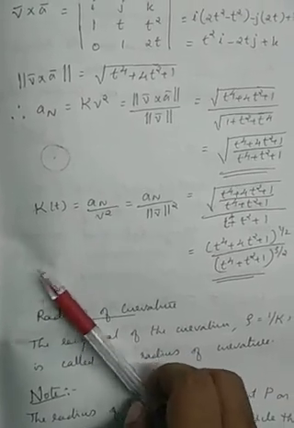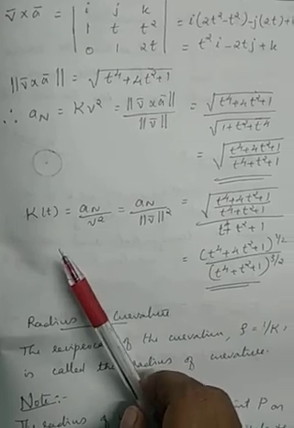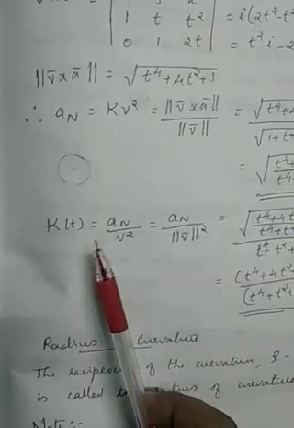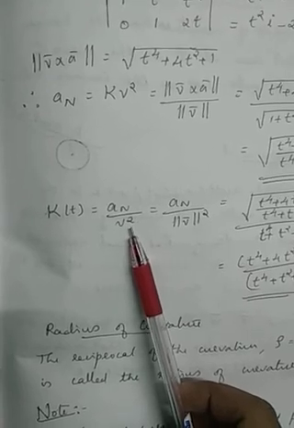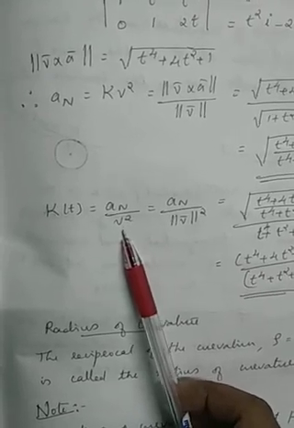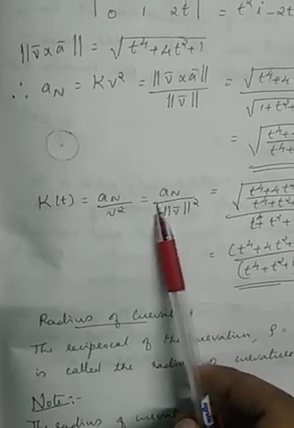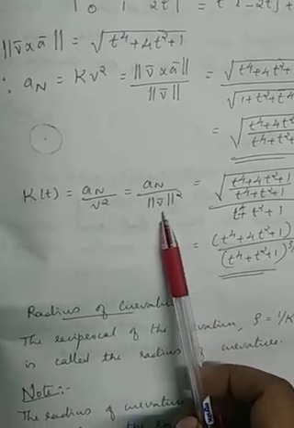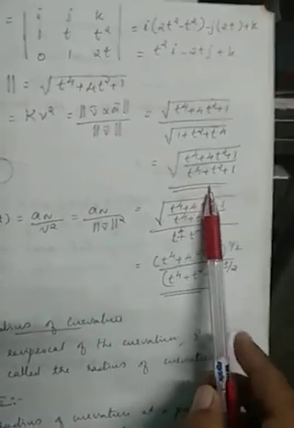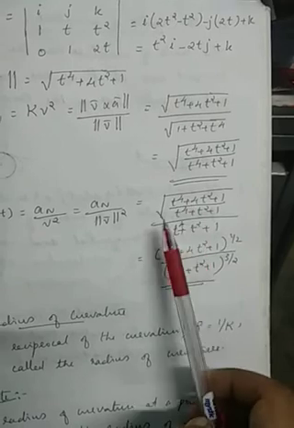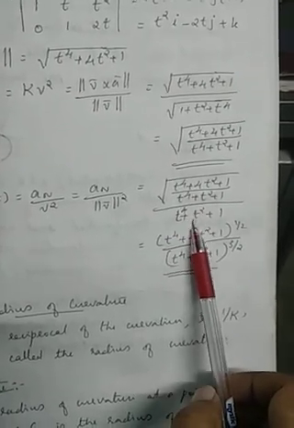Finally, we have to find the curvature kappa. Kappa is given by the formula kappa is equal to a_n by v square, where v is the speed, which is equal to norm of v. So kappa is equal to a_n divided by norm of v the whole square. We have a_n equal to this term, divided by norm of v the whole square, that is t raised to 4 plus t square plus 1.